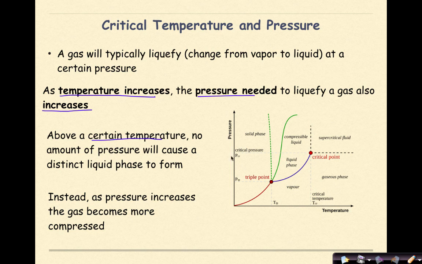And even though I might increase the pressure, there will come a point that even by increasing the pressure and trying to move particles close to each other, no liquid phase can occur. Instead, as pressure increases, the gas becomes more compressed, but will not go to a liquid phase.